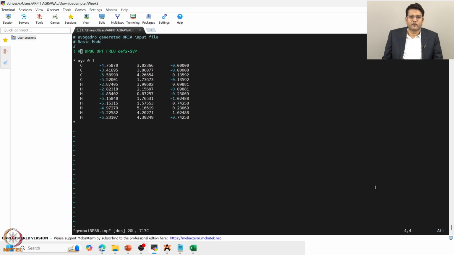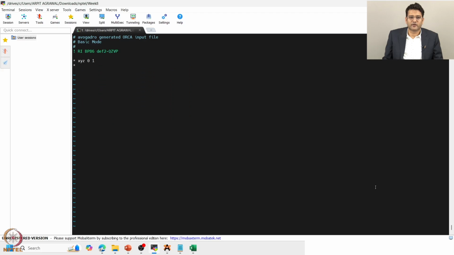So in place of RIBP86 opt and frequency, we can just calculate the single point energy at a much higher level, def2-QZVP, and the geometry we can read from the XYZ file, gembut.xyz.